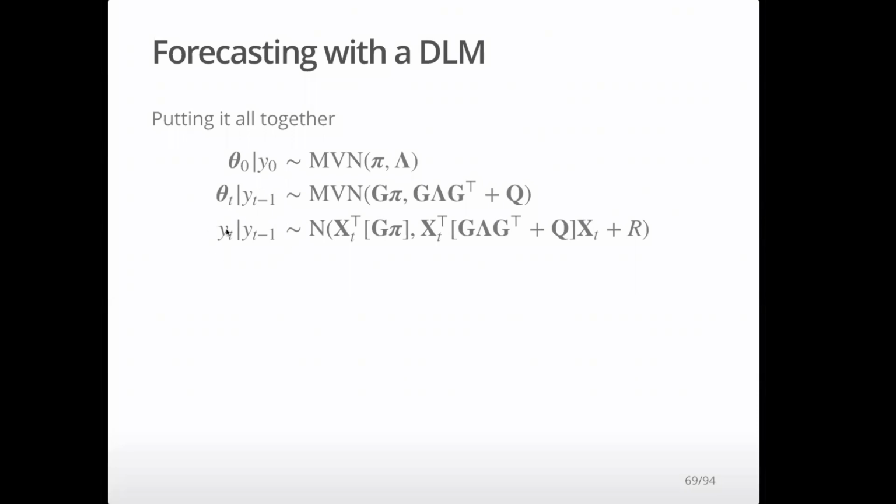And then the distribution of the forecast itself, given the data through yesterday, is now just normal. And here again, it's going to be whatever your theta was times the covariates plus your observation variance inflated by the variance in the states, where here those are parameters.